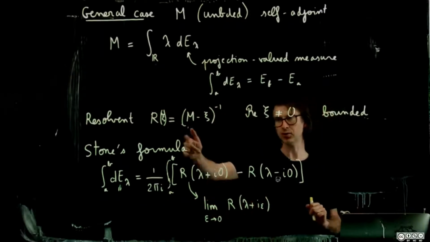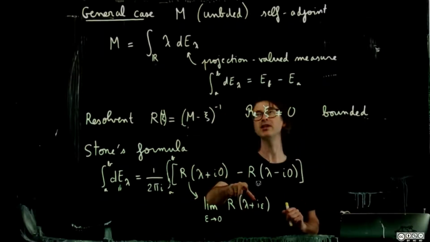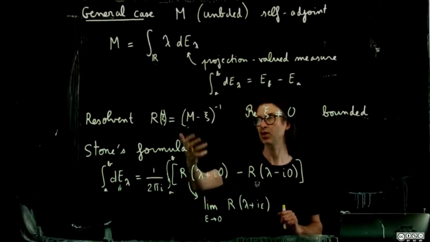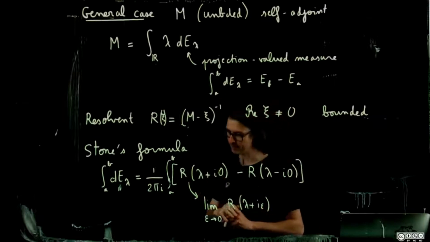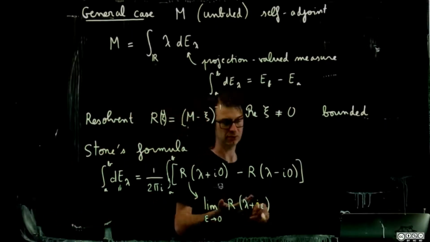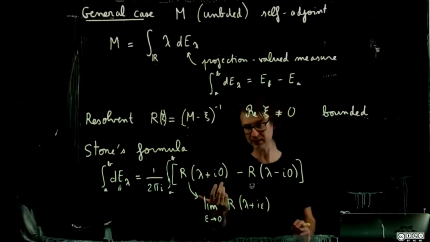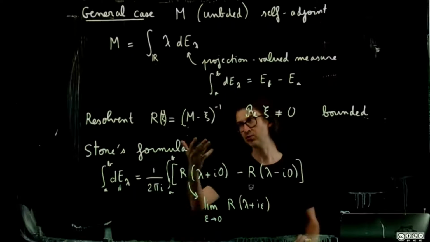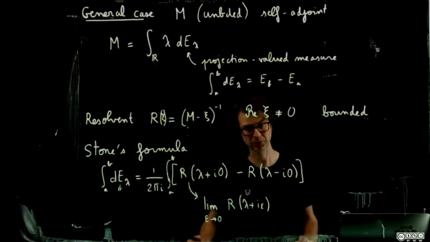Okay, so Stone's formula gives us a means of computing the spectral resolution of the operator M. And now our program is going to be to apply this to Schrödinger operators and see what the projections look like.